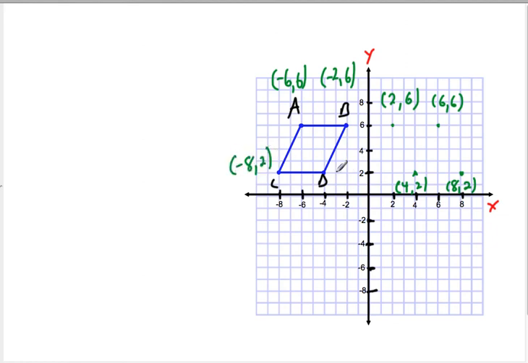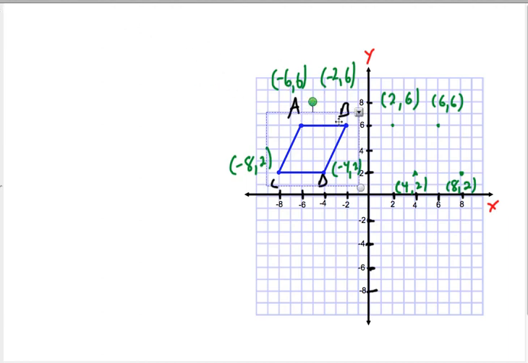So you can see if you compare these points, point A to the new point A, there's only one change that occurs: a -2 to a 2, a -6 to a 6, a -8 to an 8, and a -4 to a 4. So you can see what happens to the ordered pair when something is reflected over the y-axis.